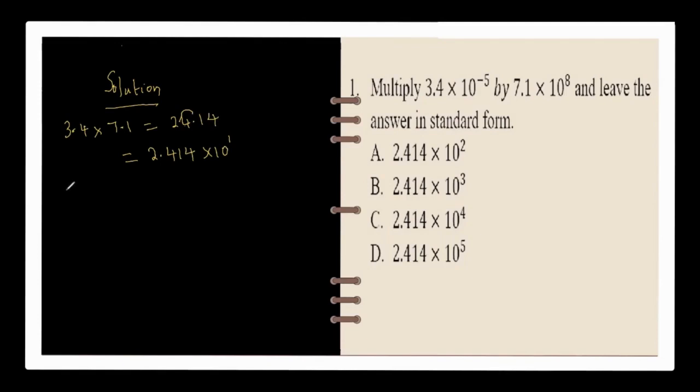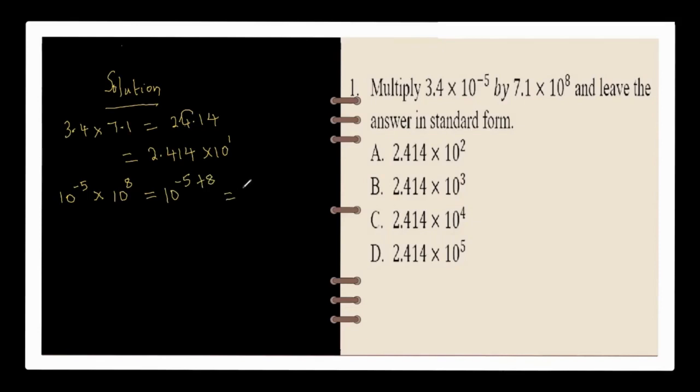Now the next step is to multiply 10 raised to power minus 5 by 10 raised to power 8. Using the law of indices, this gives us 10 raised to power minus 5 plus 8.